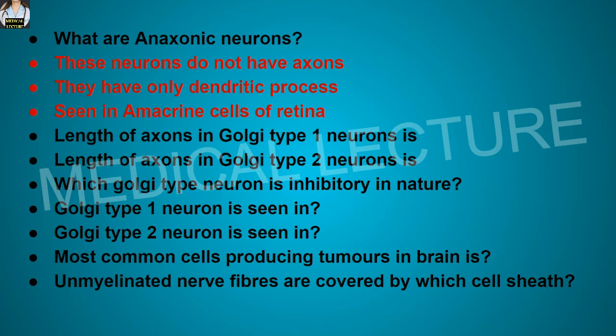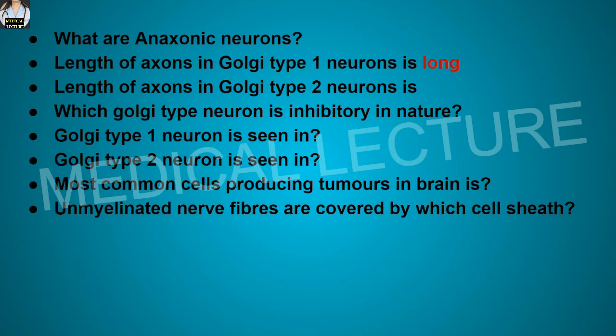What are anaxonic neurons? These neurons do not have axons, they have only dendritic processes, and they are seen in the amacrine cell of the retina. What is the length of the axon in the Golgi type 1 neurons? They are comparatively longer, and in the Golgi type 2 neurons, they are shorter. Which Golgi type neuron is inhibitory in nature?